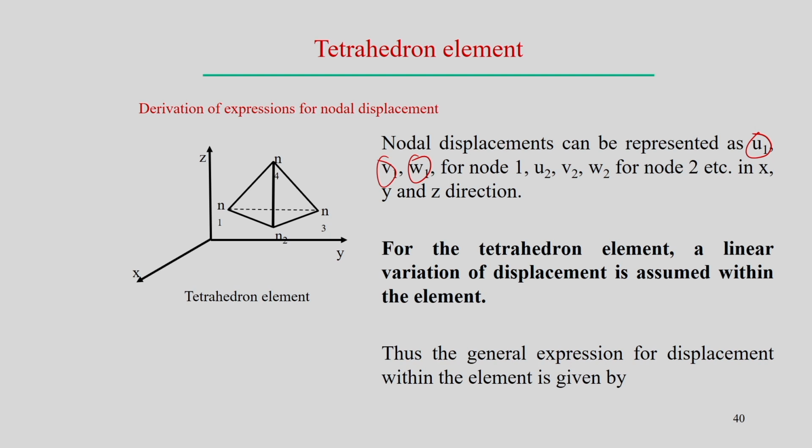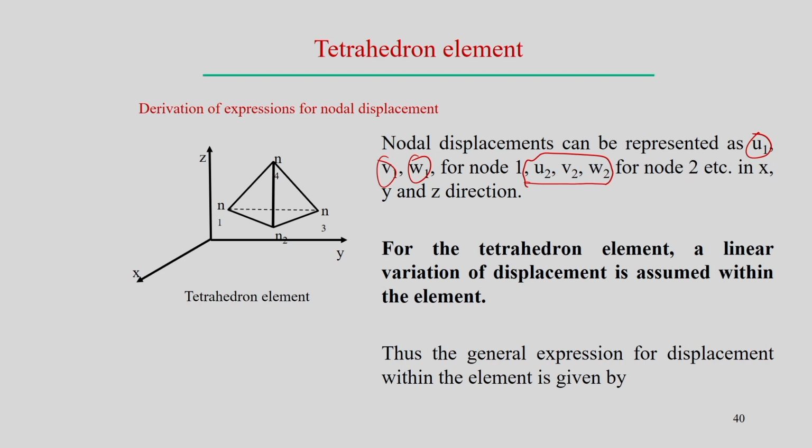Similarly, for node 2 we have U2, V2, W2, where U2 is the displacement along the x axis, V2 along the y axis and W2 along the z axis, for node 2. Like that we can put the numbering on the different node points, so for 3 and 4 we can put the nomenclature in a similar way.